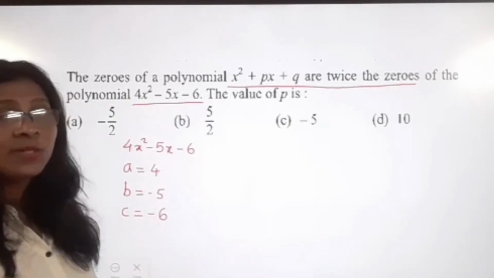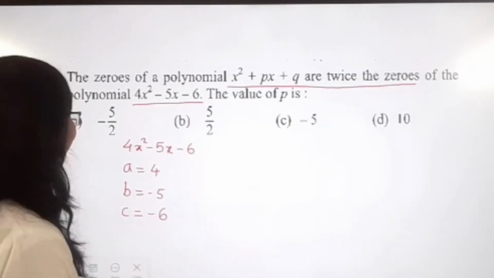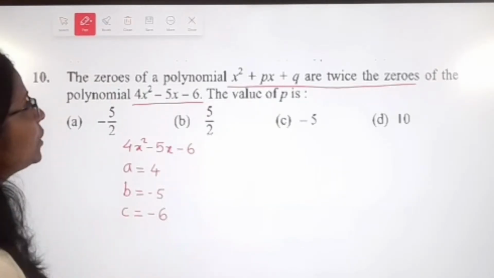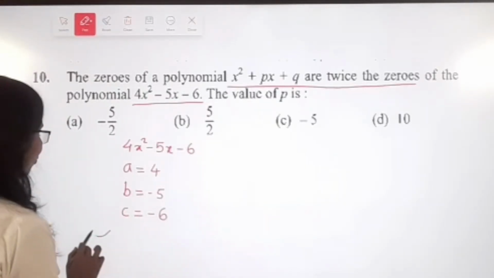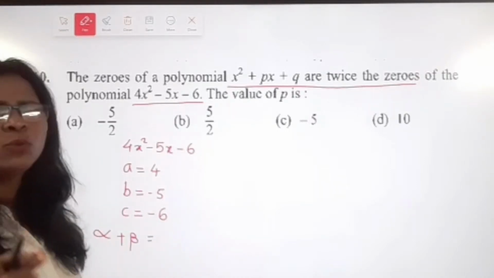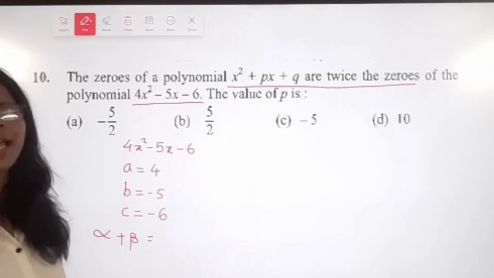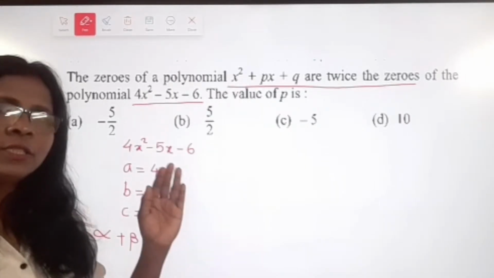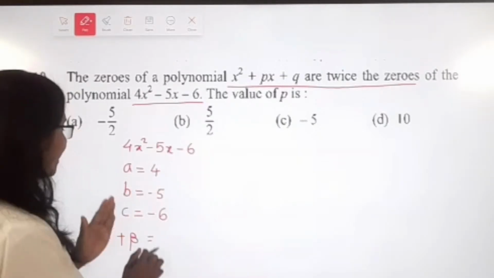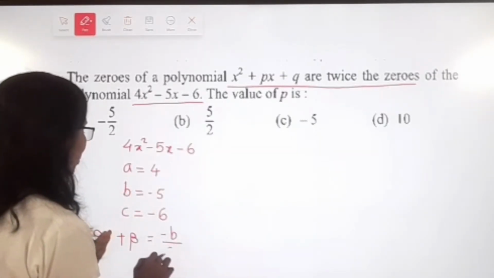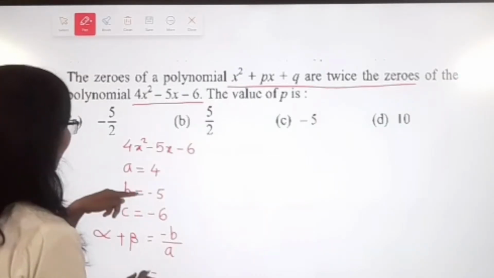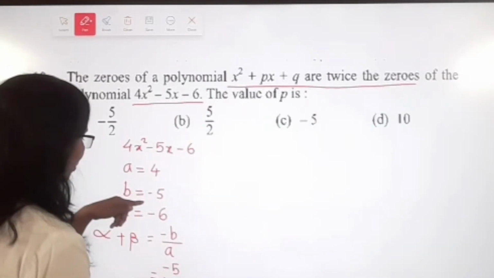Now consider that the zeros, or roots, of the given quadratic equation are alpha and beta. The sum of the roots, alpha plus beta, is equal to minus b upon a, that means minus 5 upon 4.